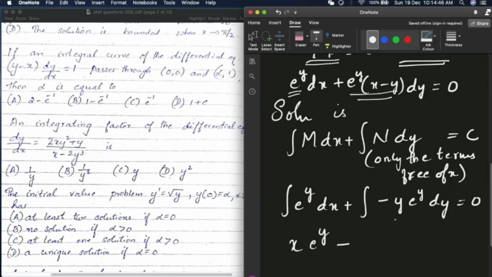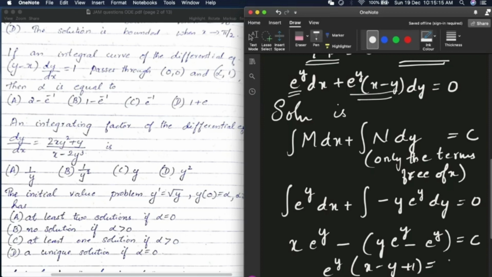You have to do integration by parts: first function into integral of second, minus derivative of first into integral of second. So you get the solution as e raised to y into x minus y plus 1 is equal to c.